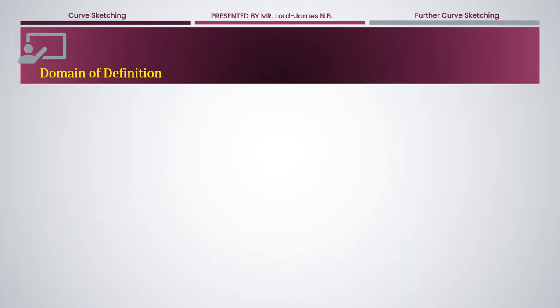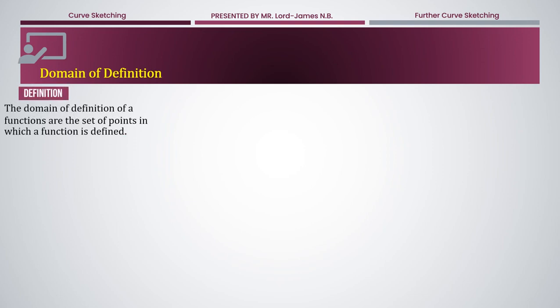So we are going to begin with the definition of a domain. What actually is the domain of definition? The domain of definition of a function is simply the set of points for which the function is defined. So every function has a living zone. Let's say this is a function defined by this circle.